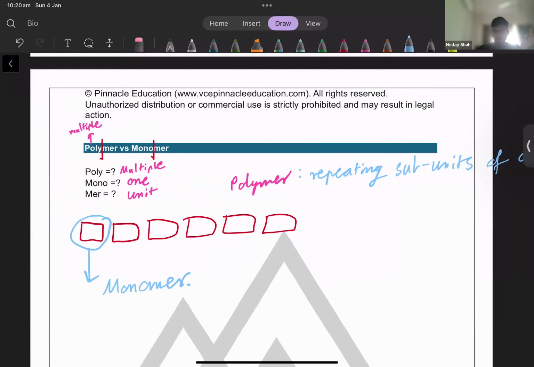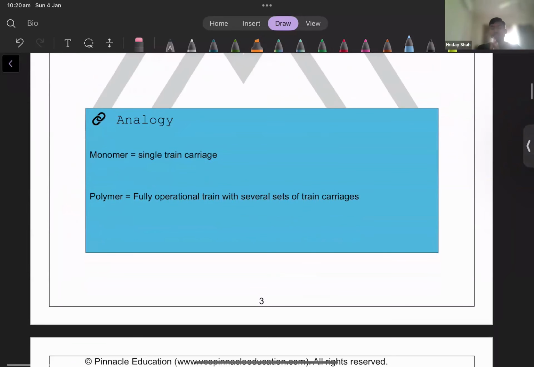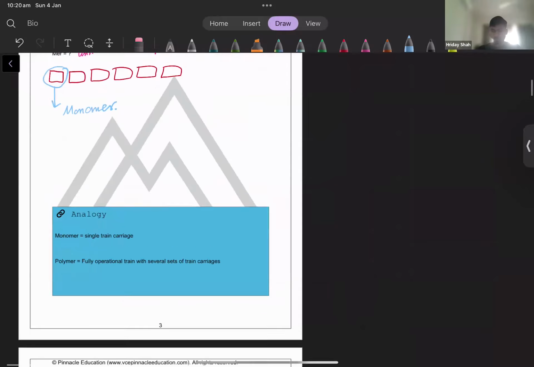A good analogy to remember is that you can think of a monomer as a single train carriage, and a polymer as the entire train. Trains aren't too long, but if you imagine you have to join together 100 or 200 of those monomers, or individual train carriages, that's how you form the complete train overall.